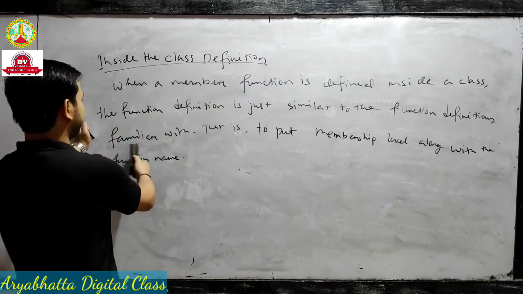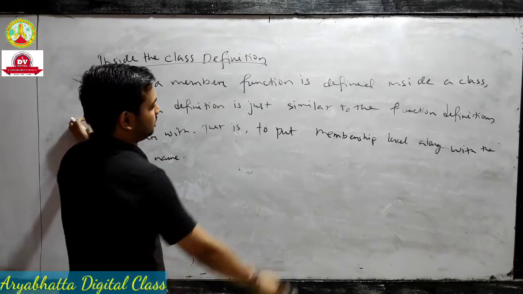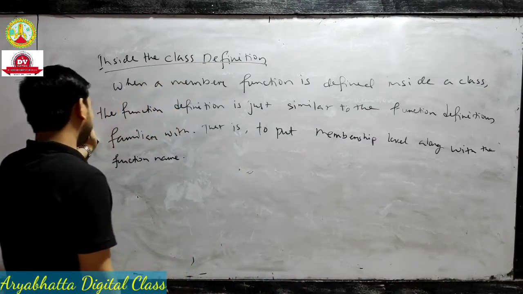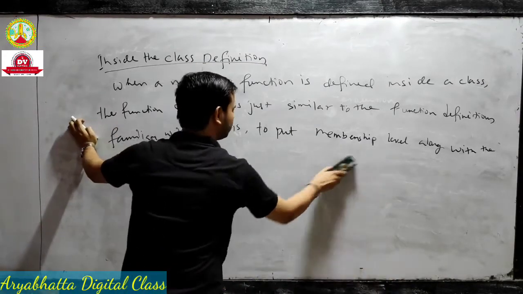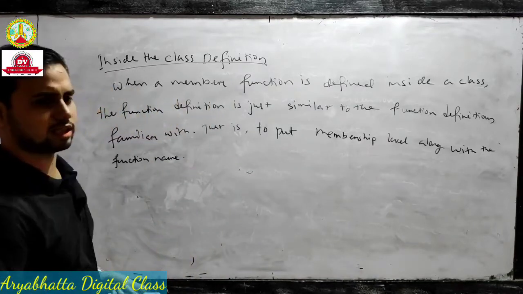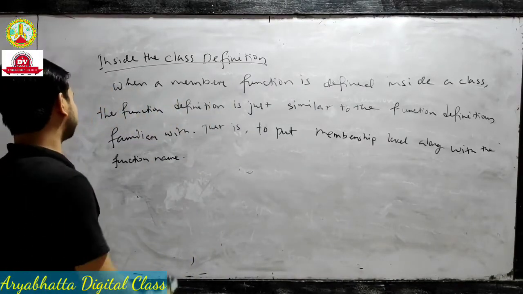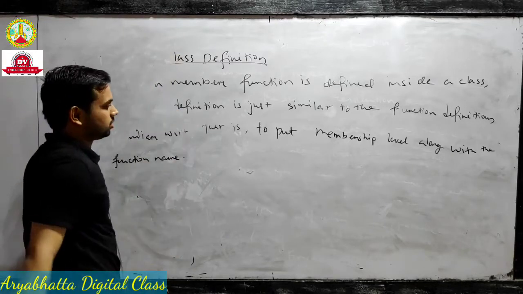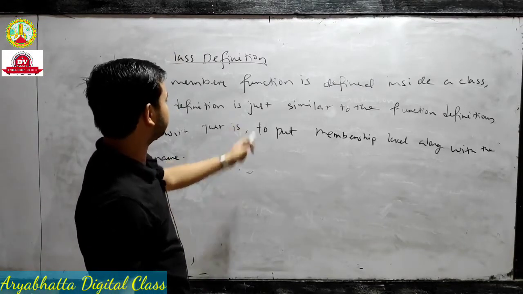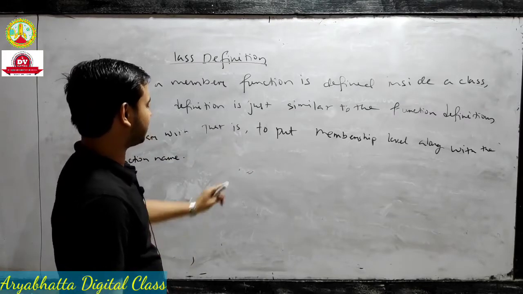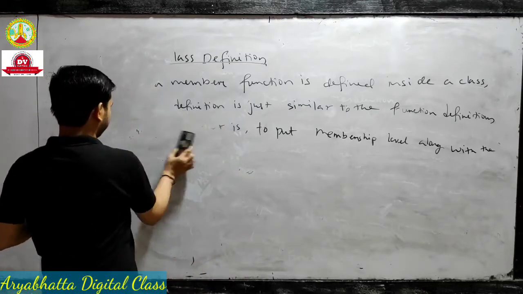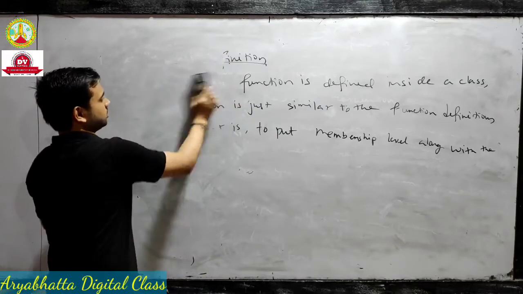That's why you are writing familiar with similar, and that is to put membership level along with the function name. Membership level means what is the accessibility mode. This is the same as earlier, but its accessibility is different. Its logic is different. We discuss in the programming. Okay. See.